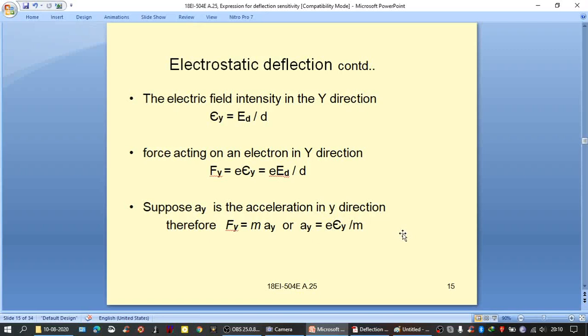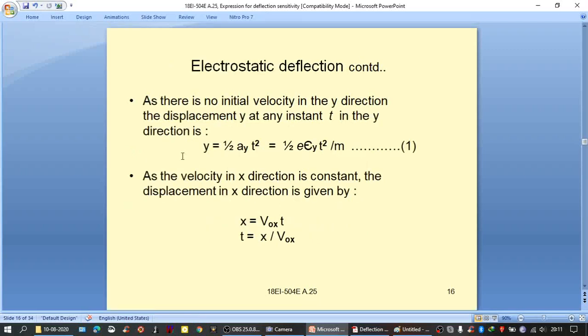Now if we want to write the expression for displacement in y direction, displacement d is equal to ut plus half at square, where u is the initial velocity, a is the acceleration, and d is the displacement.